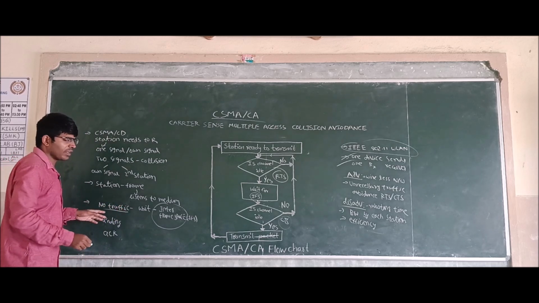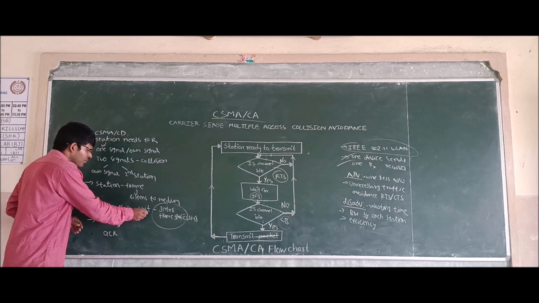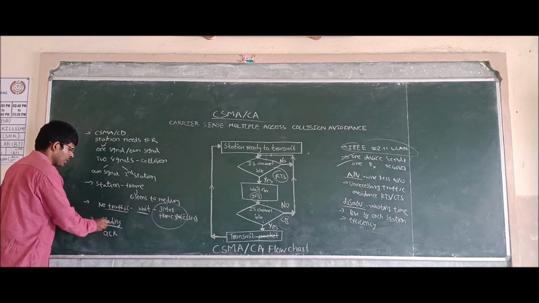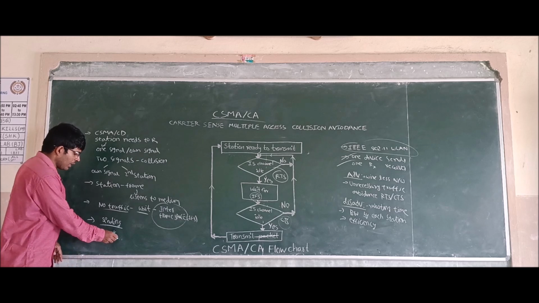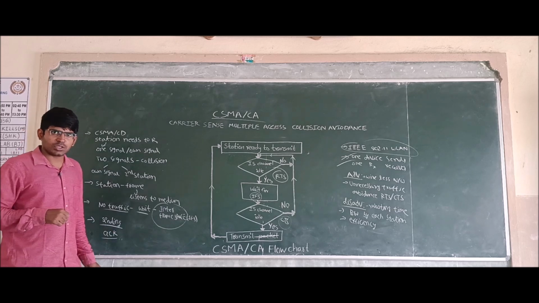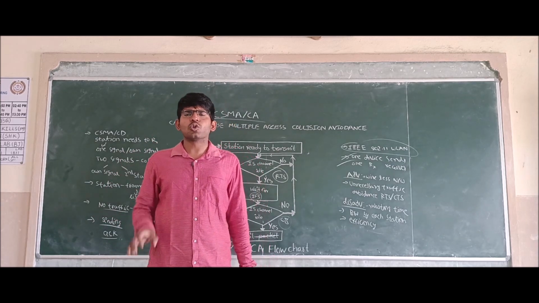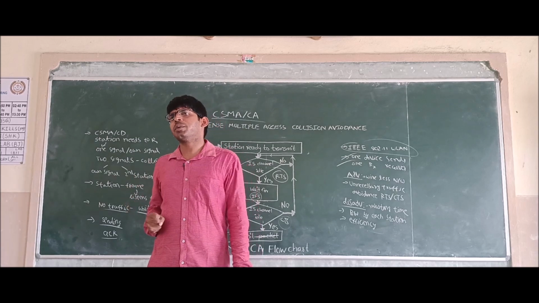If there is no traffic, we are not sending the signal immediately; we wait for some amount of time. We call that the interframe space. After the interframe space we send the data, and then we wait for the acknowledgement. After the receiver receives the data, the source has to know that the receiver already received it, so we have to receive an acknowledgement.